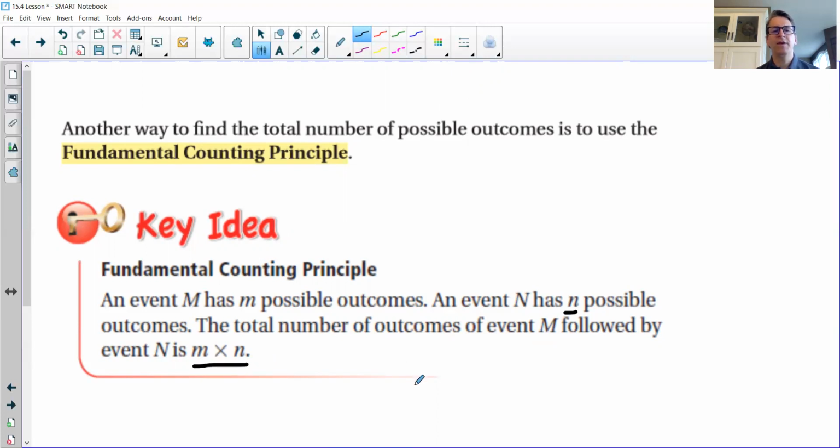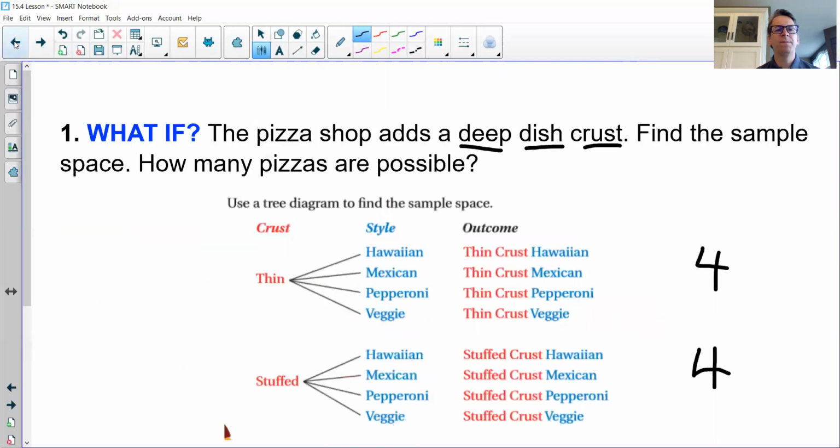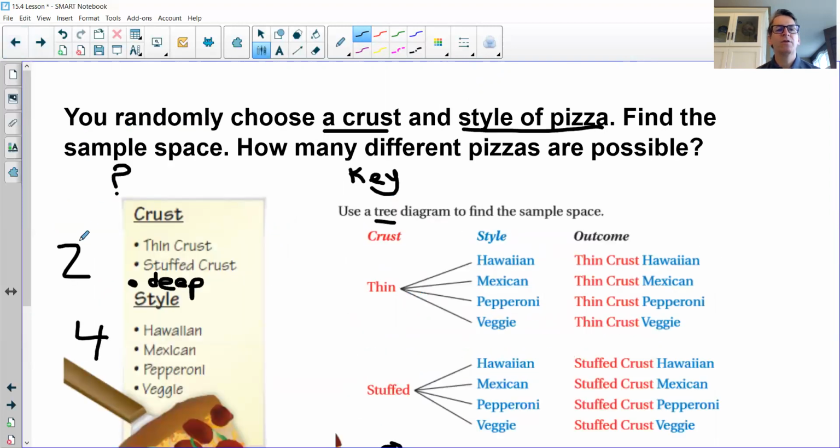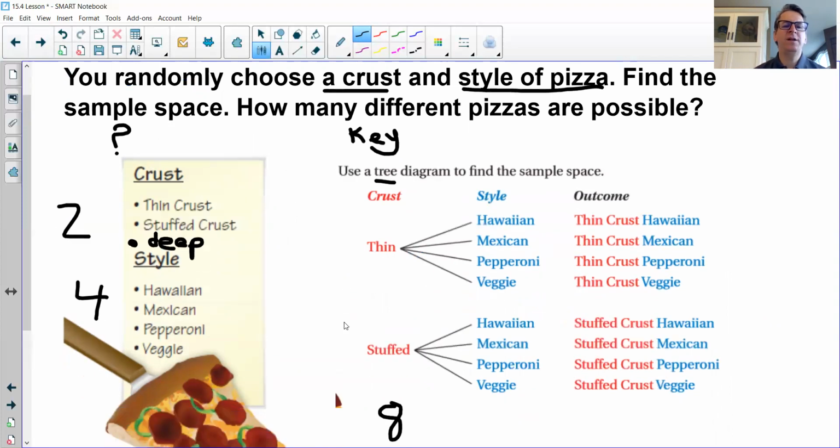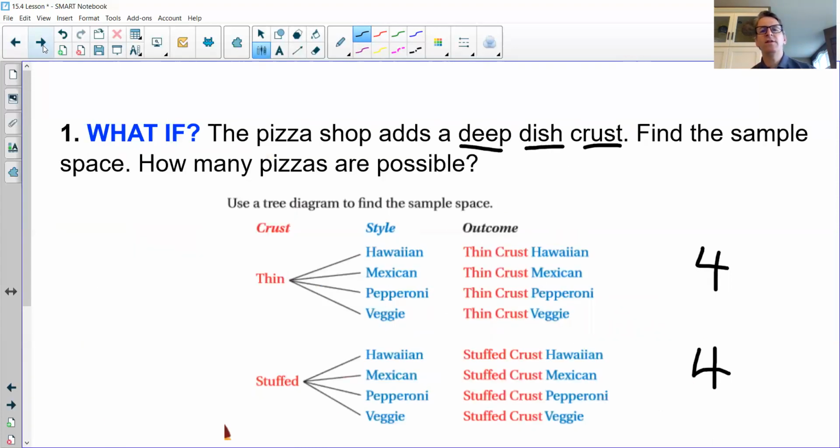the total number of outcomes of event M followed by event N is M times N. Okay, so if you look back at this example, we had 2 crusts and 4 pizza styles, and that gave us 2 times 4, or 8 possible pizza samples in the original. And when we did the second question, we added another crust.